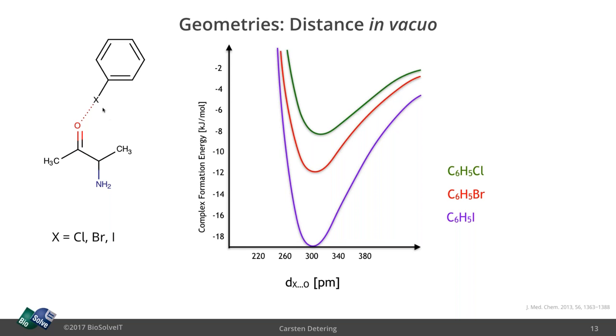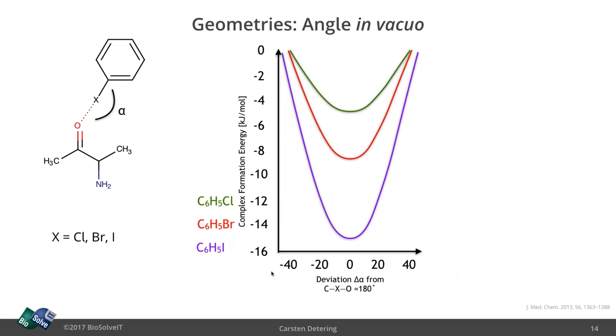And we would argue as well that due to solvent effects, if you picture this is a backbone, oxygen is dehydrated, the halogen atom is also dehydrated when you take it out of the solvent. This bond formation energy will hardly overcompensate the dehydration cost for both these atoms. There is also a strong angular dependence on the complex formation energy.